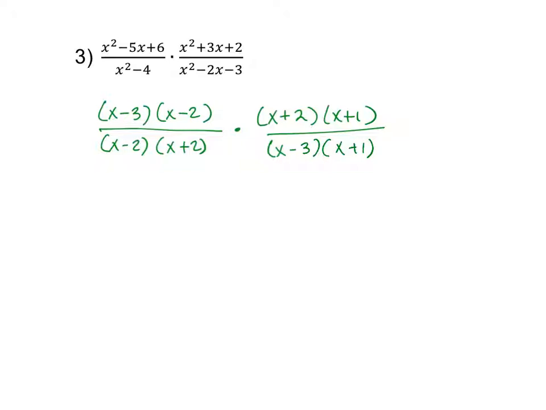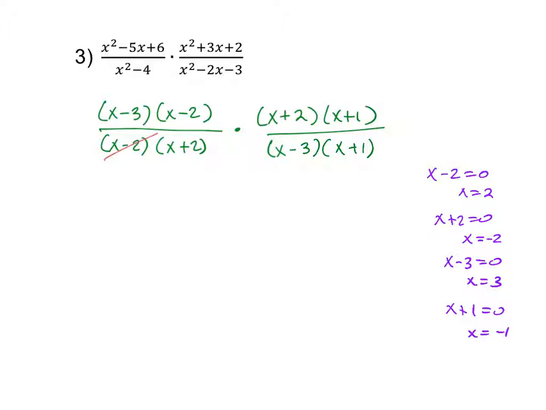Right? So again, I'm going to start by setting my denominator equal to 0. x minus 2 equals 0, x equals 2, x plus 2 equals 0, x equals negative 2, x minus 3 equals 0, x equals 3, x plus 1 equals 0, x equals negative 1. Right? So I can cancel whatever is the same, right?